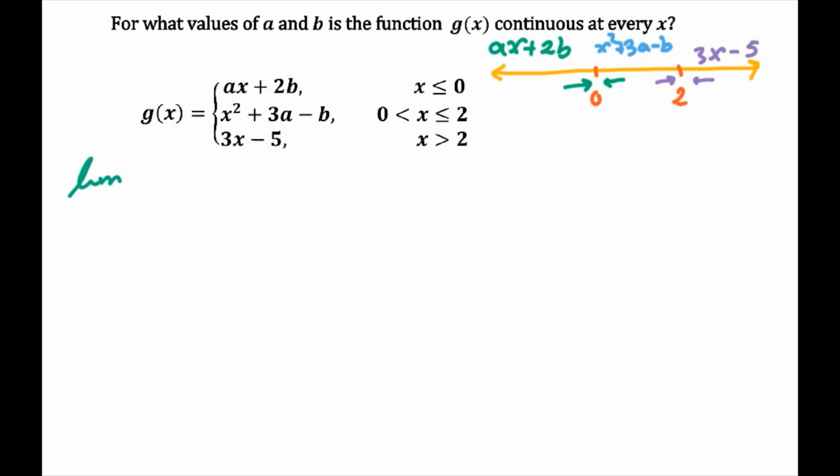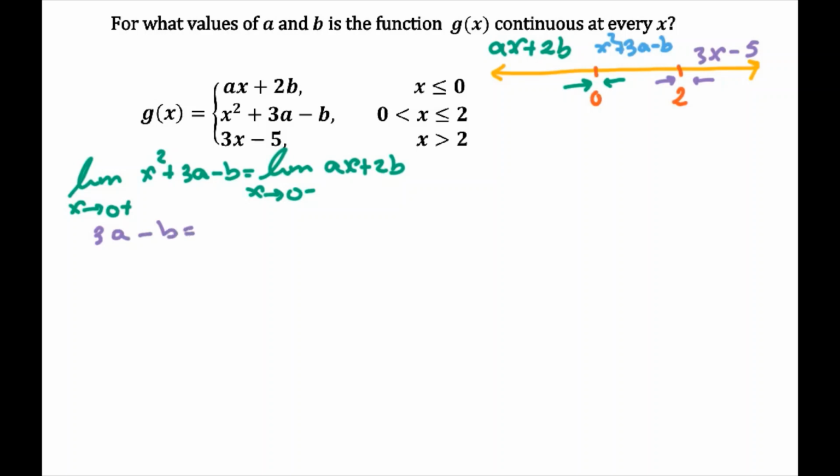Limit as x approaches 0 from the right side, we are using x squared plus 3a minus b, equal to the limit as x approaches 0 from the left side, which is going to be ax plus 2b. Substituting x by 0, we're getting 3a minus b will be equal to 2b.